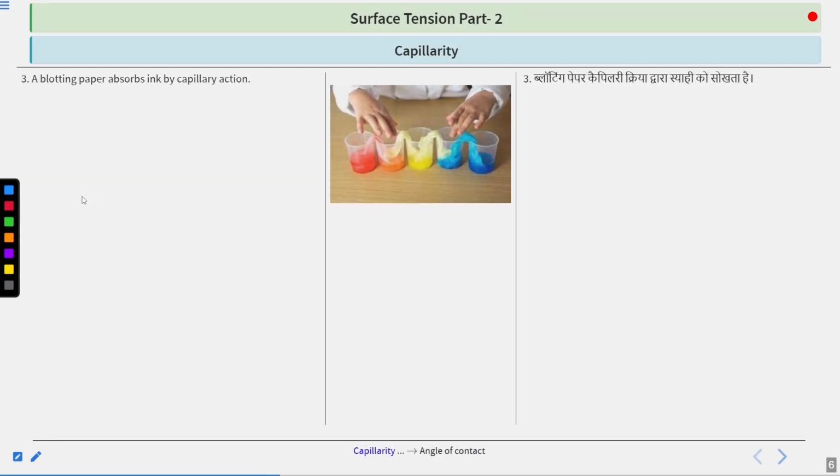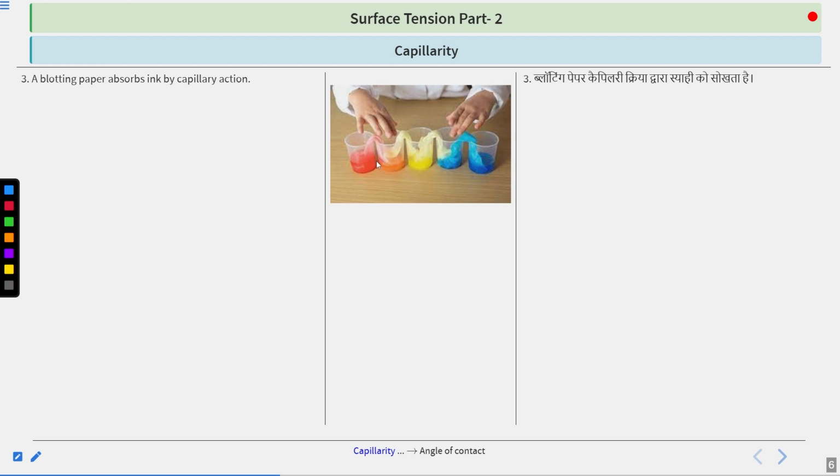A blotting paper absorbs ink by capillary action. Here you can see the blotting papers are of different colors. This one red, this one yellow, this one blue. How? Because this blotting paper is dipped in liquids of different colors.